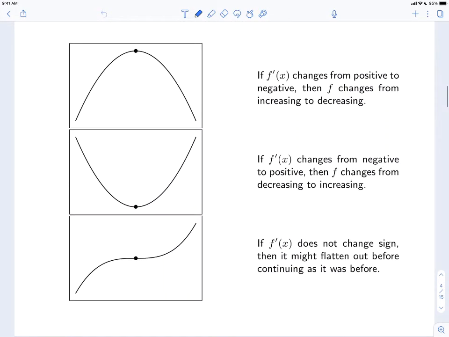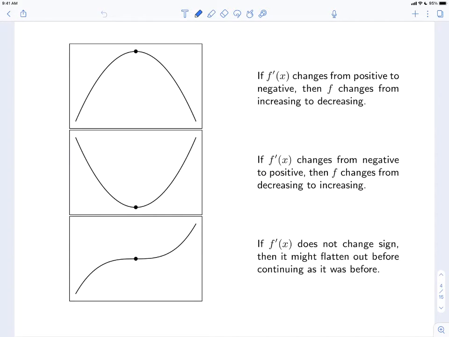This test is just based on the relationship that the first derivative has with the increasing or decreasing behavior of the function. So, for example, if f prime of x changes from positive to negative, then that means that f changes from increasing to decreasing. When f prime is positive, then the function is increasing, and when f prime is negative, then the function is decreasing.